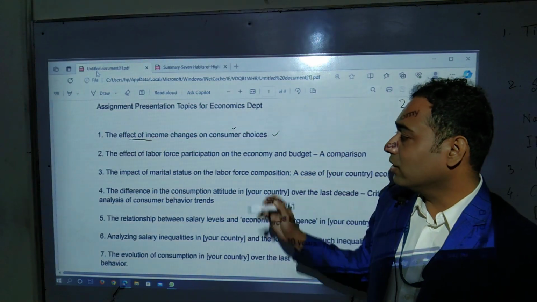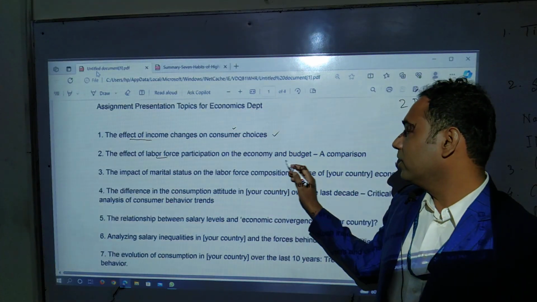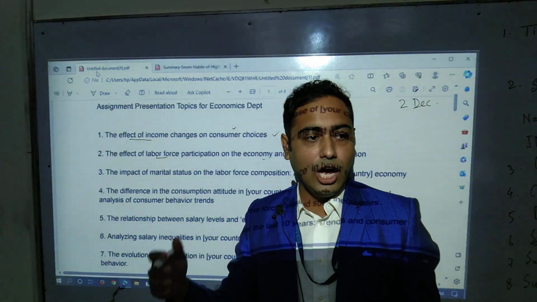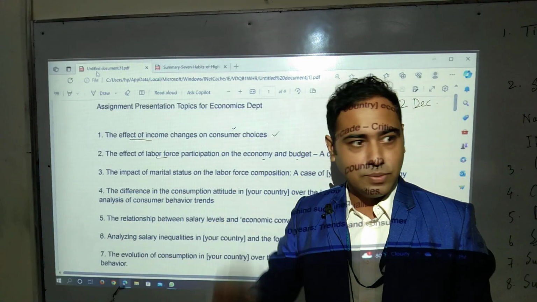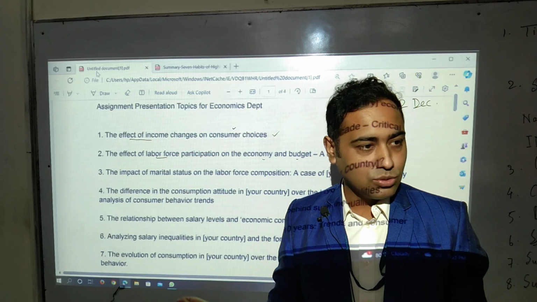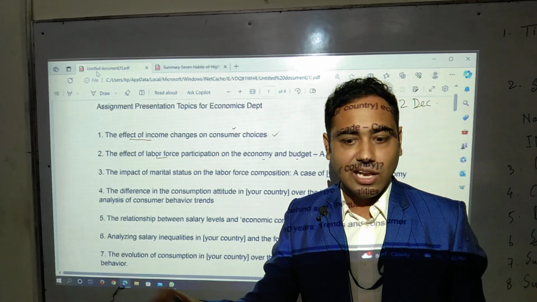Then take a look at the second one, the effect of labor force participation on the economy and budget. Labor means hard work. How much money are you going to invest in the labor? Think, this building has been created by 1000 or 500 laborers. Currently, they are not allowed to enter here.